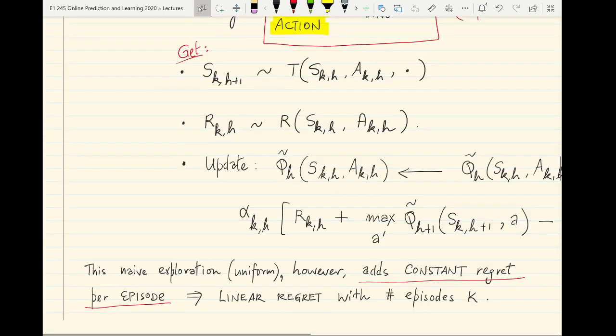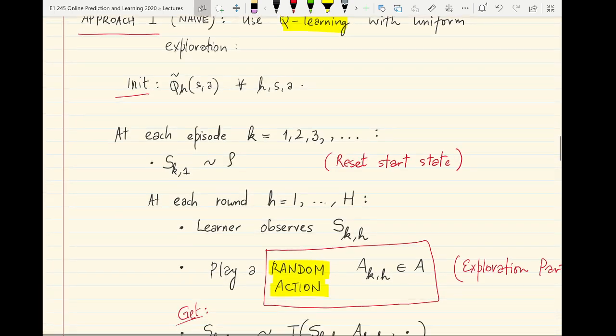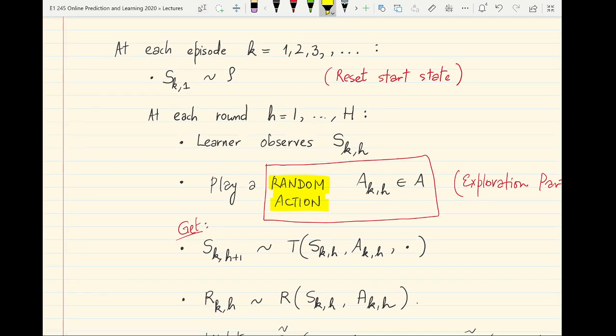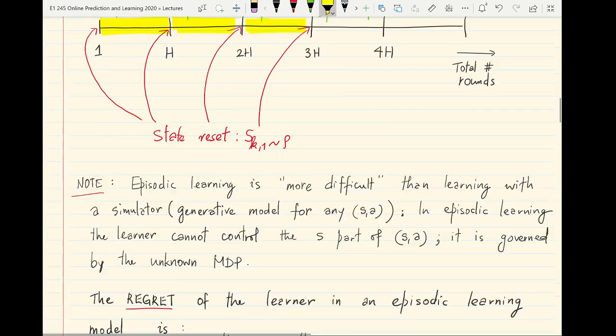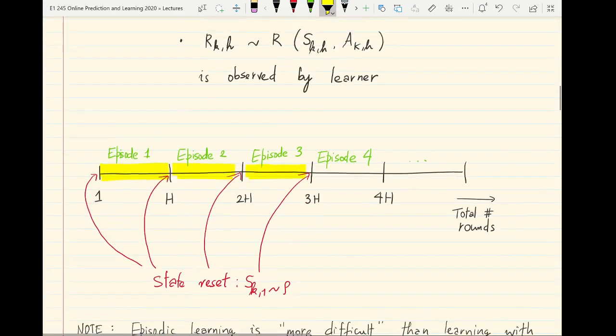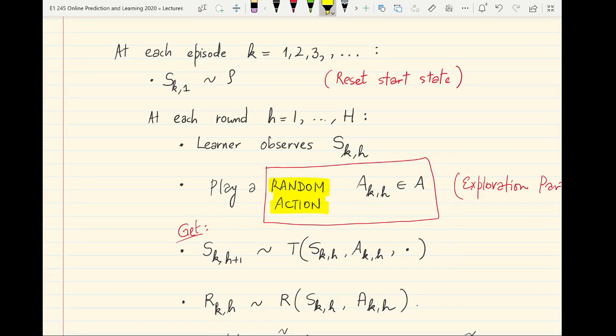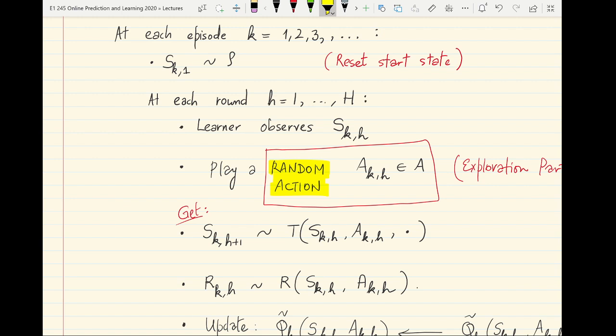More precisely, what this approach suggests at each episode is a recap of the same episodic learning protocol that we presented here, except with some details filled in. The only detail we need to fill in is how to play the action as dictated by the learner.